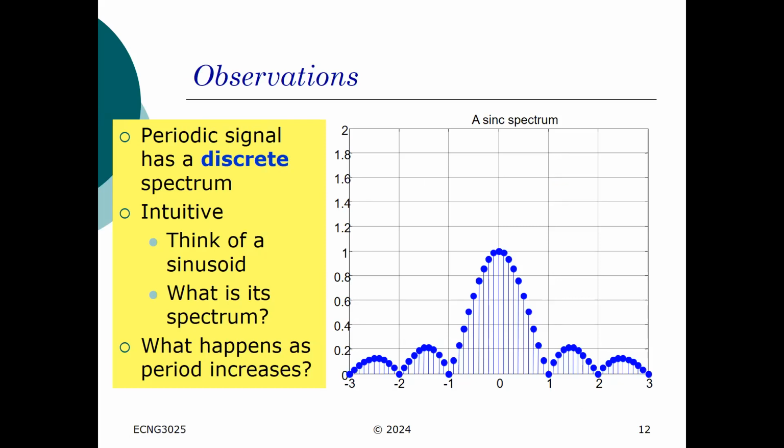If I give you a 60 hertz signal and ask what its spectrum is, if I plot omega against the magnitude of c_k, for a pure 60 hertz sinusoid you just have one line.